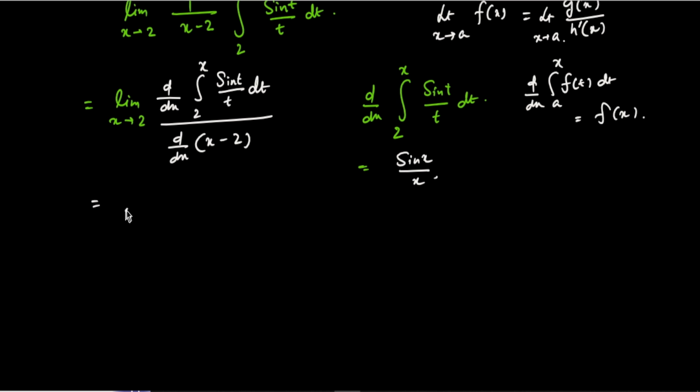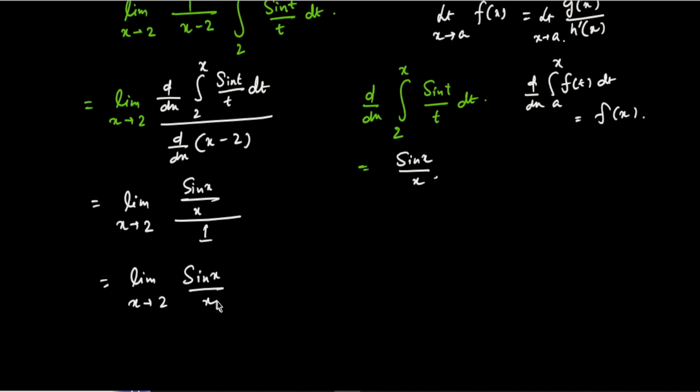Limit x tends to 2 of sin x by x, and the differentiation of x minus 2 is 1. So limit x tends to 2 of sin x by x gives the answer sin 2 by 2.